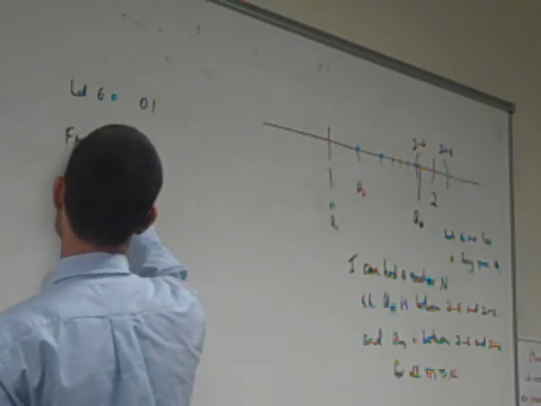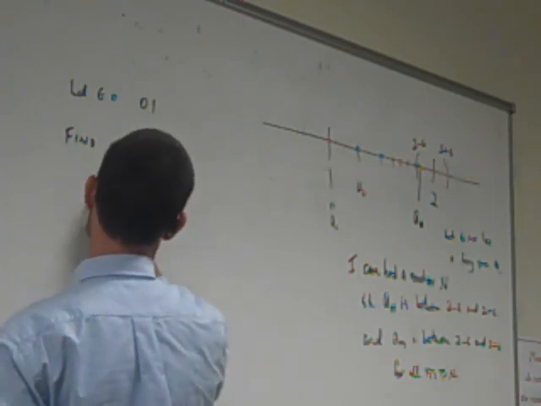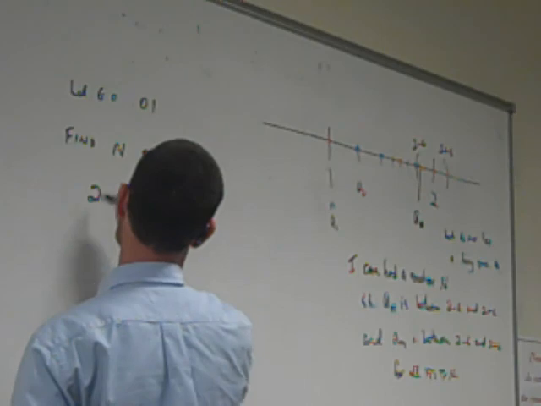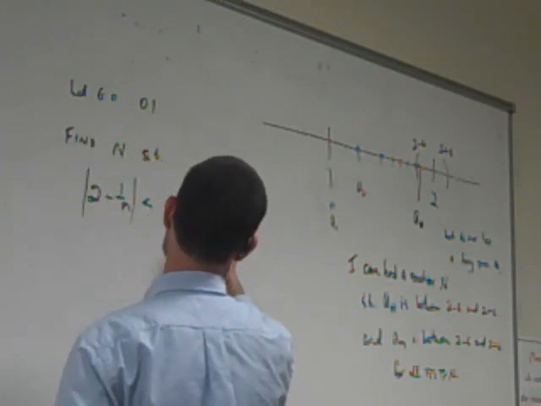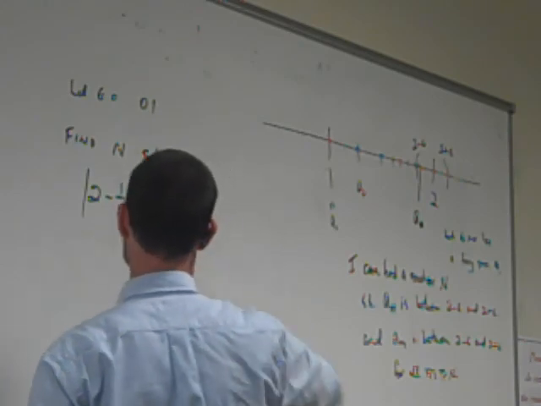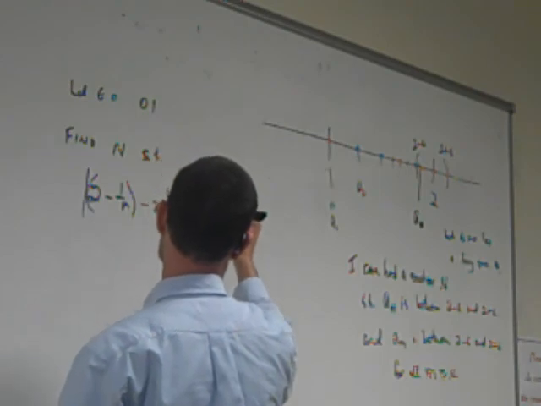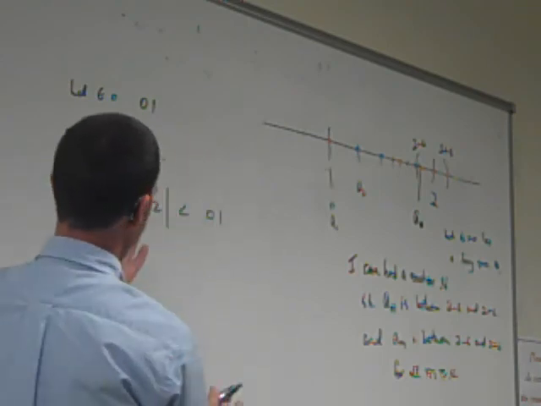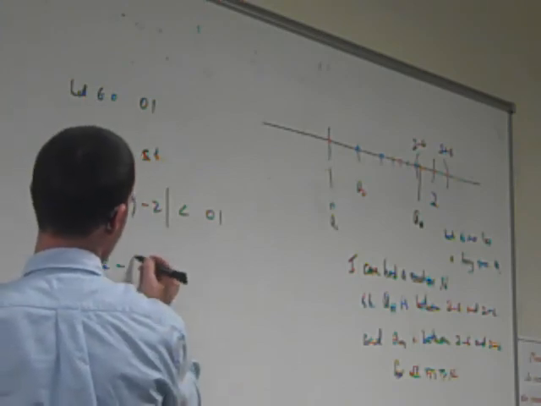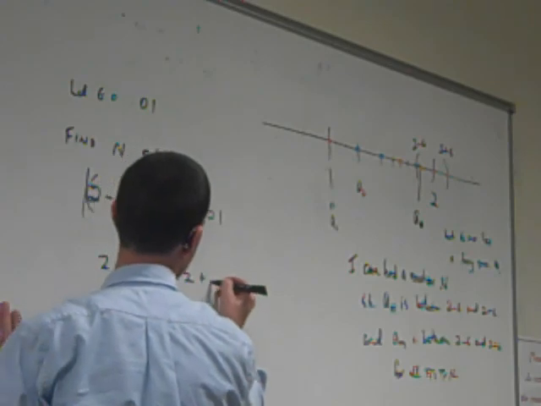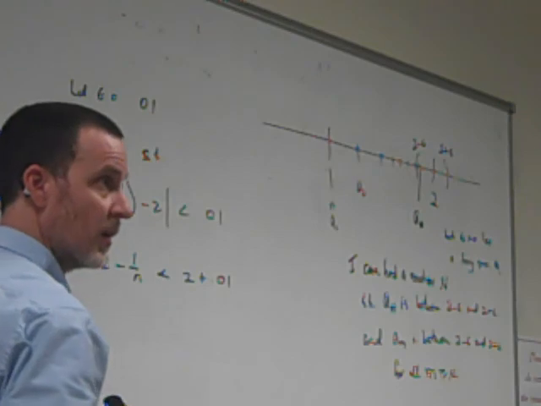Find the natural number n so that 2 minus 1 over n is less than, but let me rewrite that in a way that makes sense. This means 2 minus 1 over n is between 2 minus 0.01 and 2 plus 0.01.